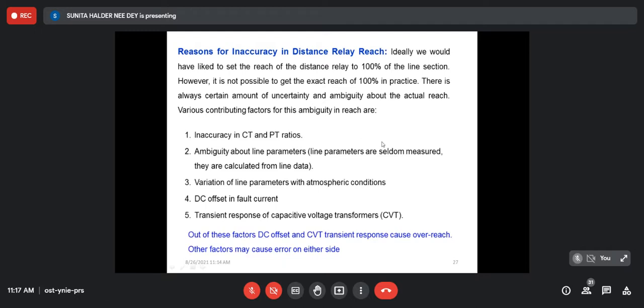Similarly, when we switch on a capacitor voltage transformer, there is also a huge current change in the circuit. A huge current change will be seen by the impedance relay as a huge drop in impedance, but that is not the case.